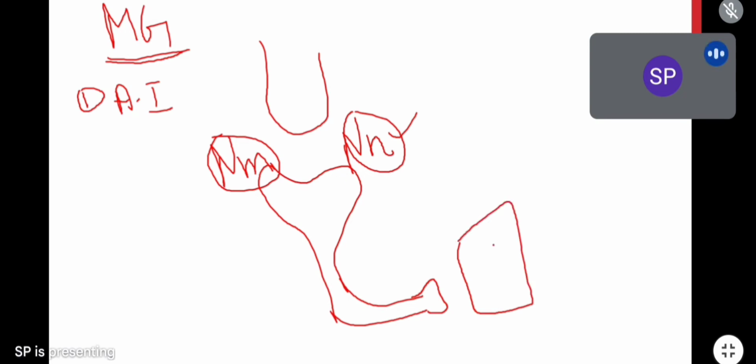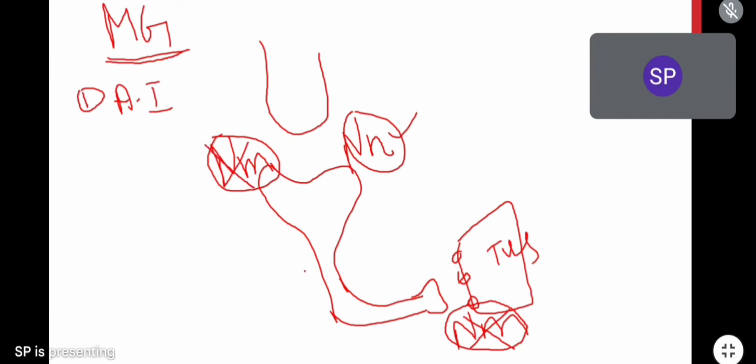Just imagine this is skeletal muscle, and on it we have NM receptors. Clear? Some antibodies will come and destroy the NM receptors.